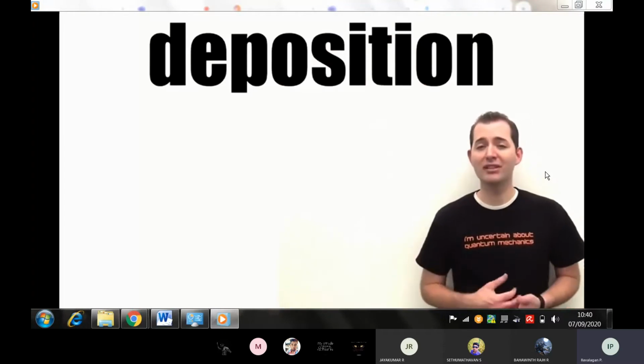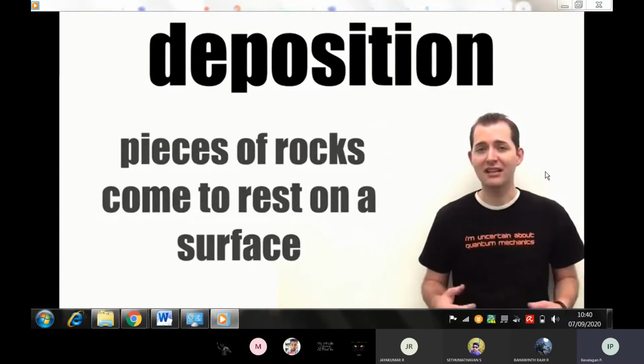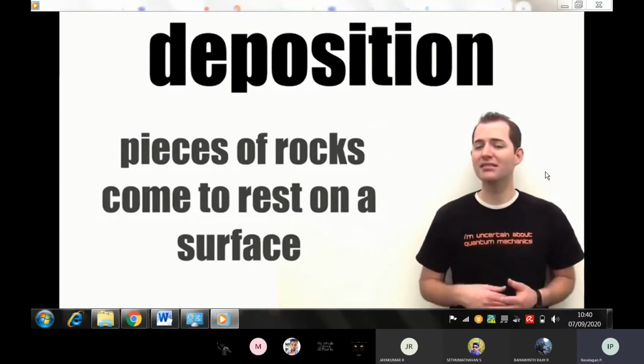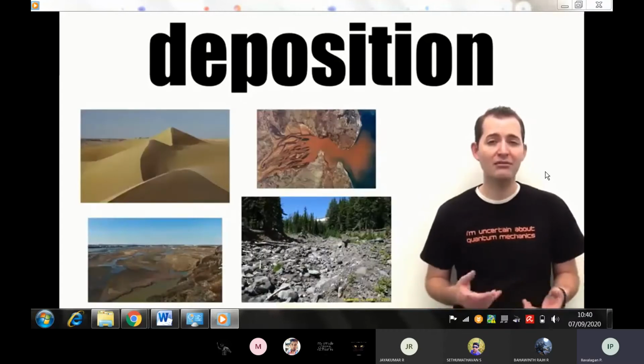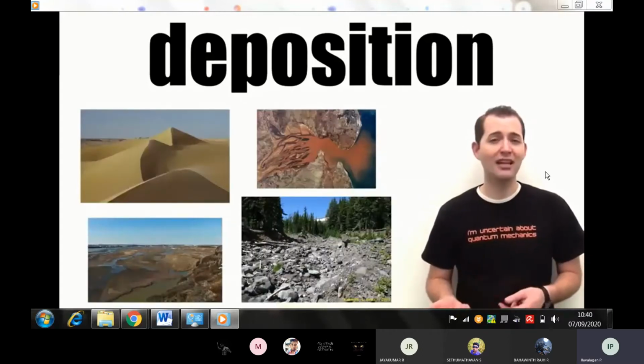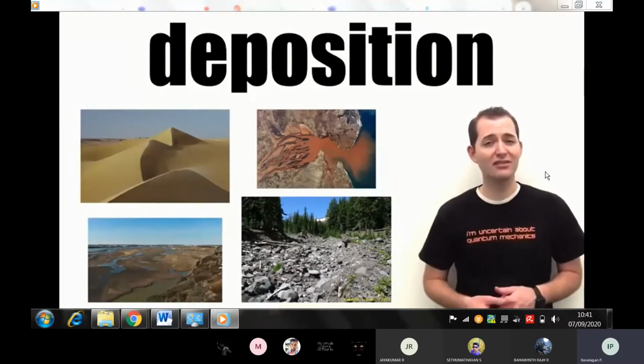Each rock that's moving or being transported must come to a stop. This happens in deposition. This is where the clasts or pieces of rocks come to a rest on a surface. For example, this could happen on a riverbed, at the bottom of a rock slide, or where a river lets out into the ocean. Anytime a rock comes to rest or settles on the surface, it's known as deposition.